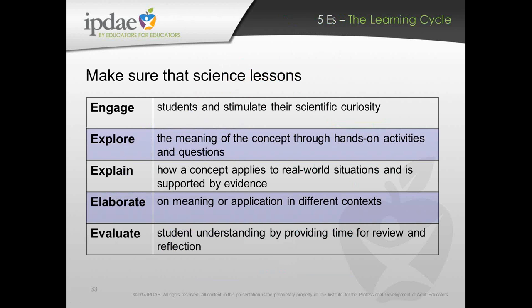There again, we would call this transference, but it's elaboration under the 5 E's. Can they see where these things occur in different contexts? Because science doesn't always occur in a lab. And finally, again, we need some time for review and reflection with students to make sure that they understand it all.